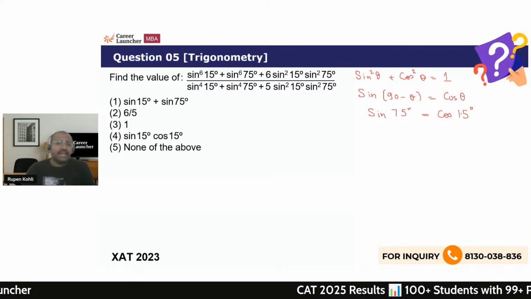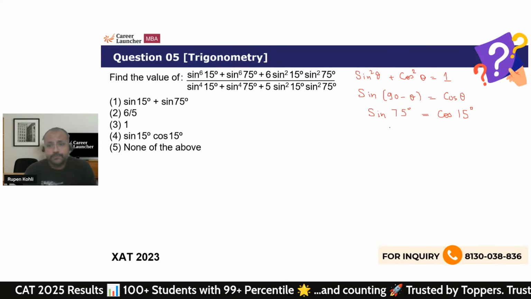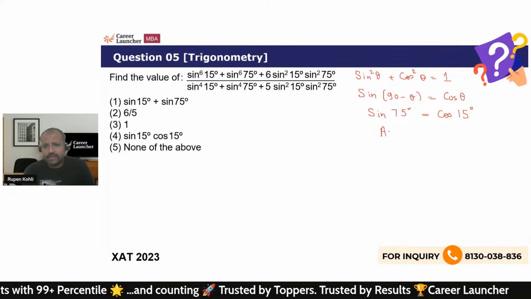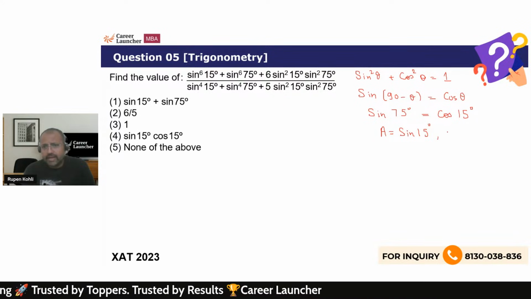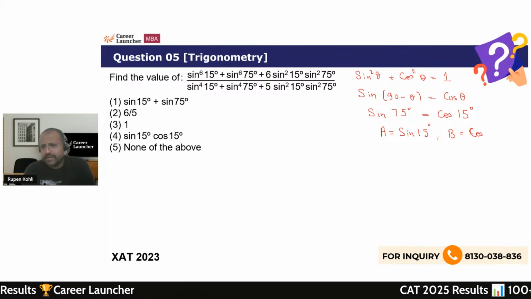So in that sense, what we can do, this expression therefore becomes, for simplicity of writing, let me denote A as sine 15 degree, and B as my sine 75, which is the same as cos of 15 degree.